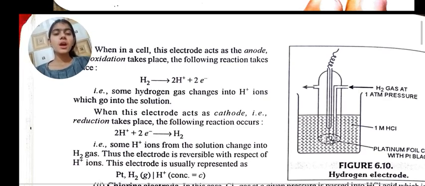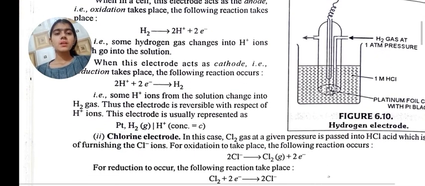That is, some H⁺ ions from the solution change into H2 gas. Thus, the electrode is reversible with respect to H⁺ ions. This electrode is usually represented as platinum, H2 gas slash H⁺. Concentration is here represented by C.